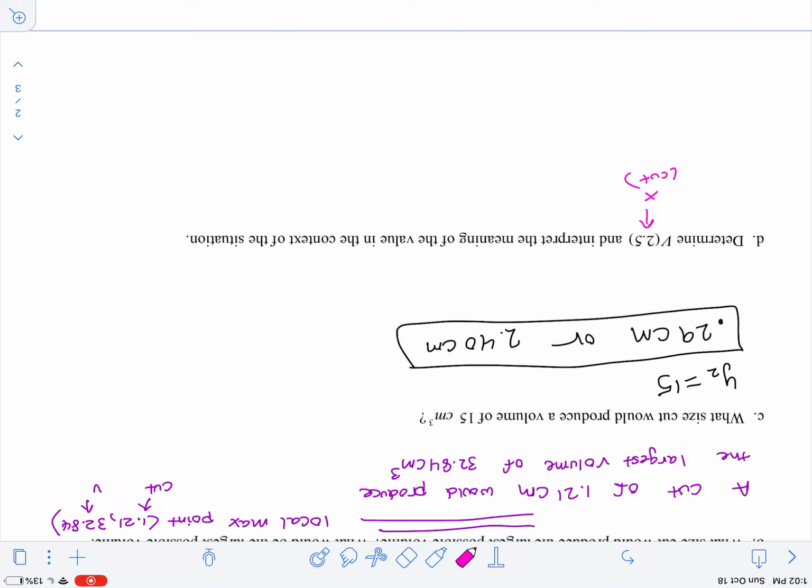So in here I can say that the volume of 2.5 is equal to 12.5. This is really like giving us an ordered pair, right?